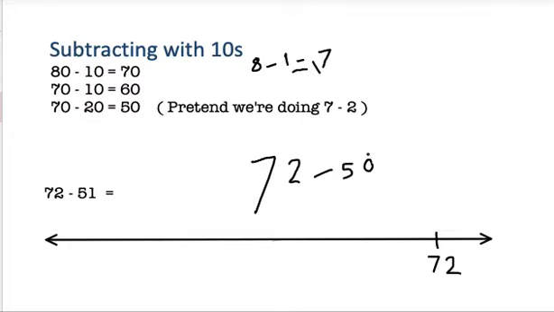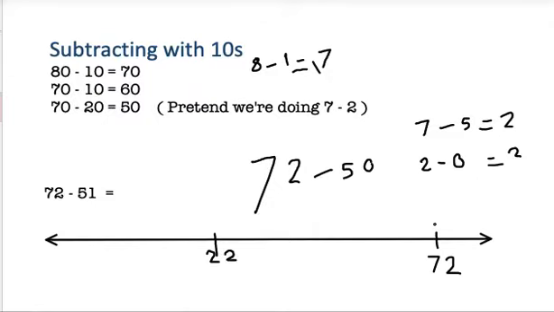And what I do is sort of break it up, okay? I'm going to do 7 minus 5, and that's 2. And then I do the numbers in the ones column, which is 2 minus 0, and that's still 2, okay? So I've taken away 50 and now I'm at 22.